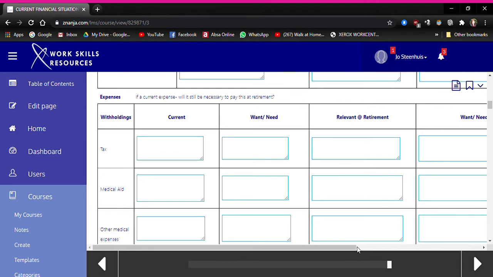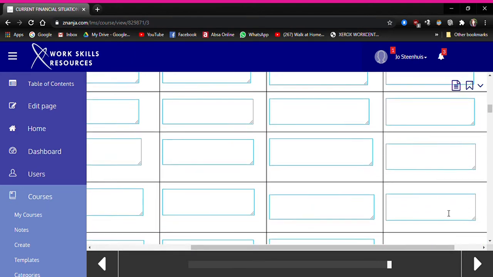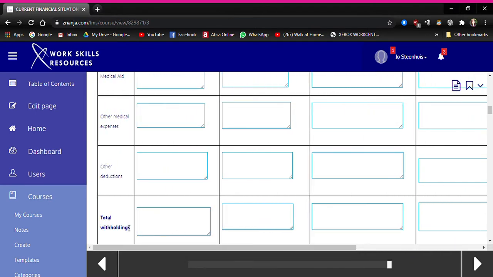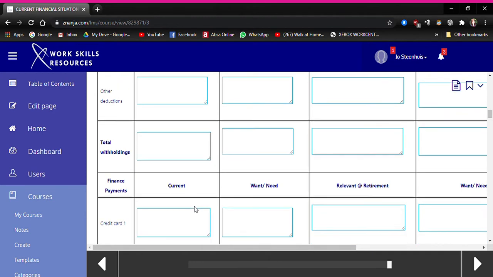Is that going to be a want or need at retirement and estimated at today's value? So I'm just reminding you that the same thing will apply. Then total withholdings, you're going to do a calculation for me where relevant. So this would be your deductions, right? Deductions before money is paid into your account.